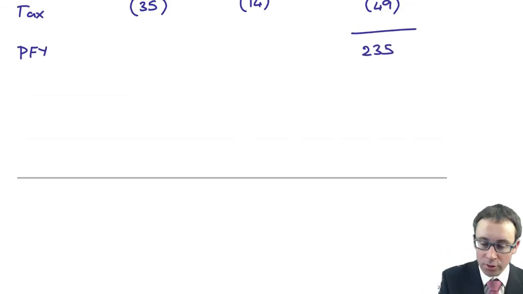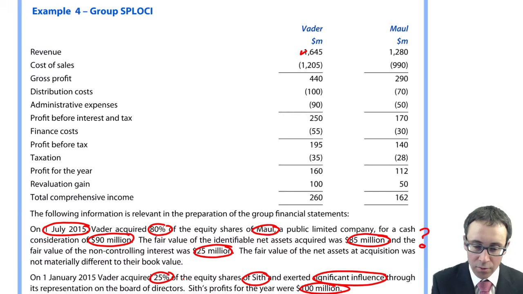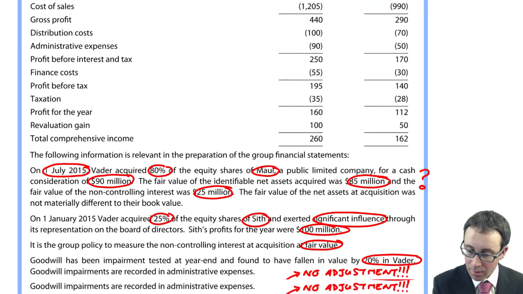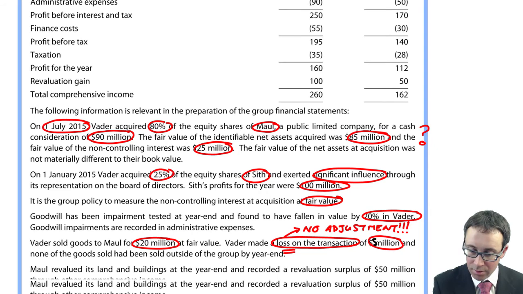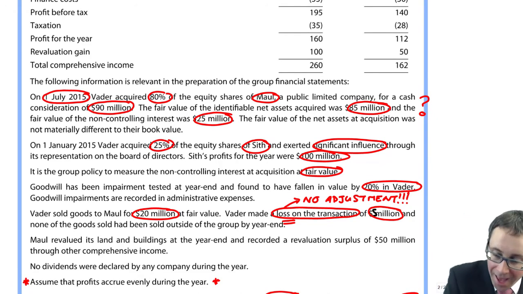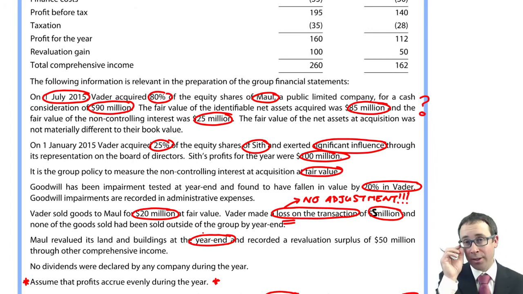We then need to go through and look at OCI. So you've got there, is it your revaluation gain? Is it of 100? And is it there of 50? And it does say there, we revalued the land and buildings at the year end and recorded a revaluation surplus of 50.